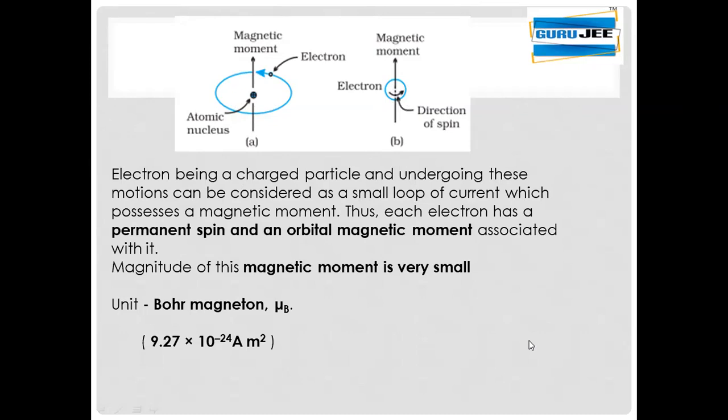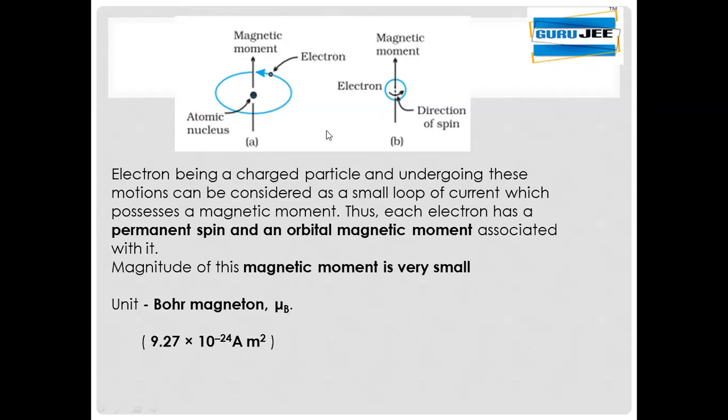Usually the magnitude of the magnetic moment of an electron is a very small value. The unit of magnetic moment is the Bohr magneton, which we write as mu B. One Bohr magneton, or one mu B, is 9.27 into 10 raised to negative 24 ampere meter square.